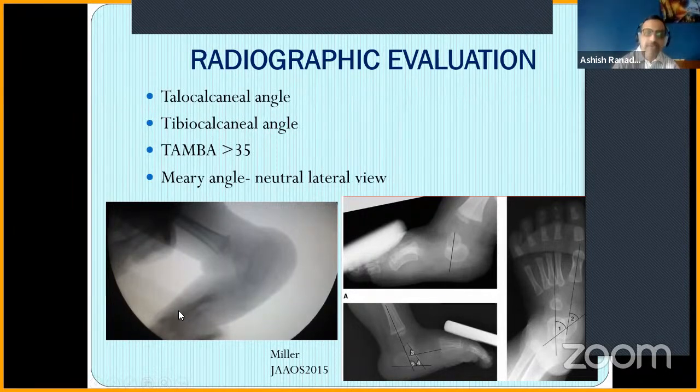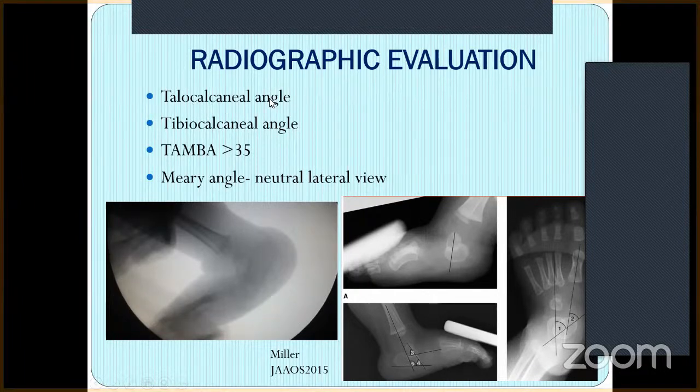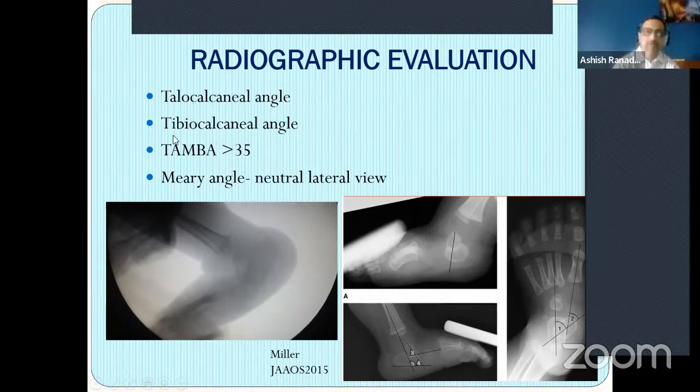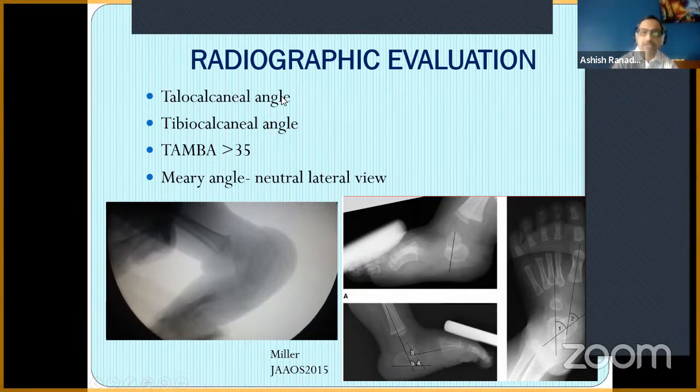And this Meary's angle, the angle between the first metatarsal and the talar axis, should be measured in neutral lateral view. So this talocalcaneal angle, the tibiocalcaneal angle, as you can see over here, will tell us whether there is equinus at the ankle or not.